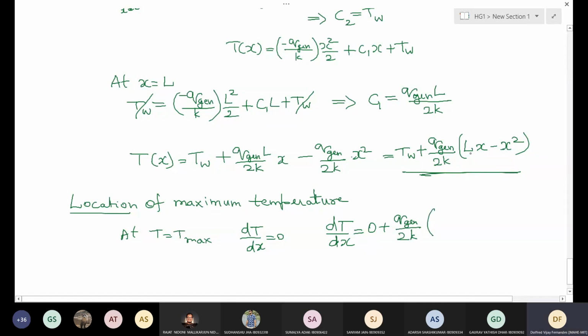We take the derivative with respect to x, that is L minus 2x. So this should be equal to 0. So solve. That means L minus 2x is 0, x equal to L by 2.